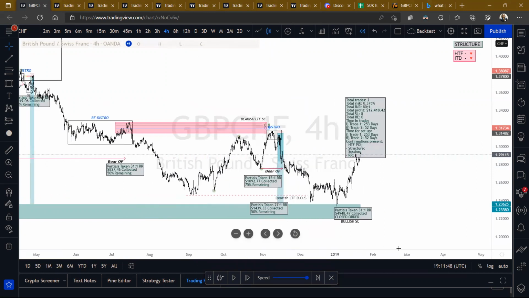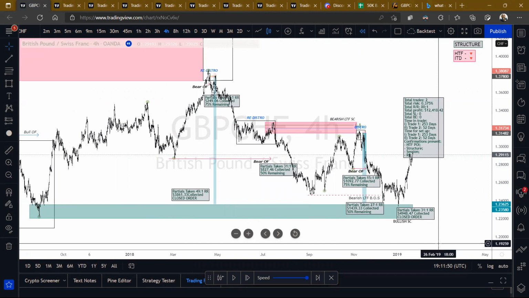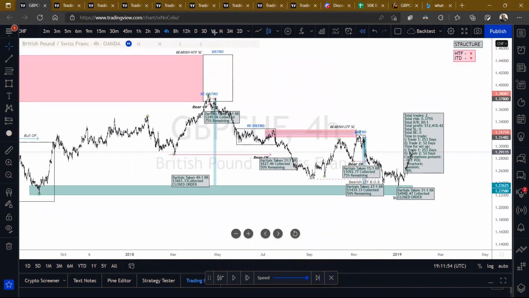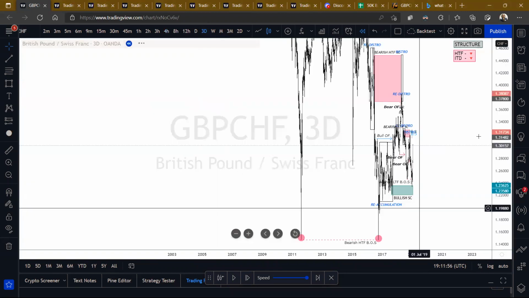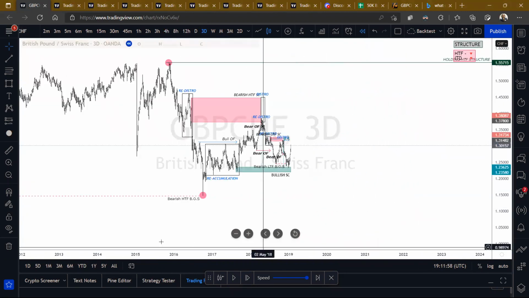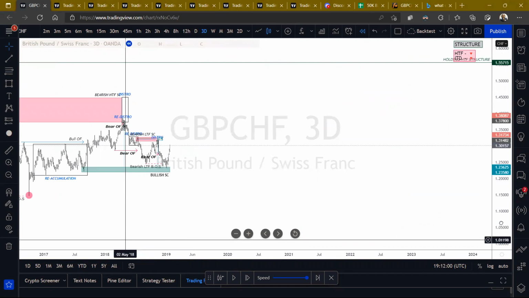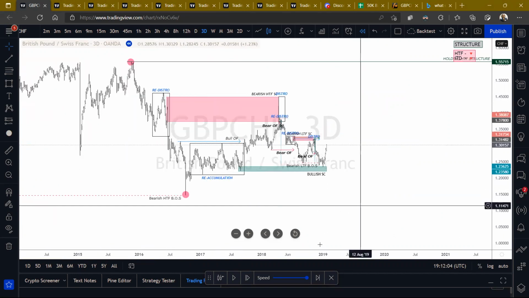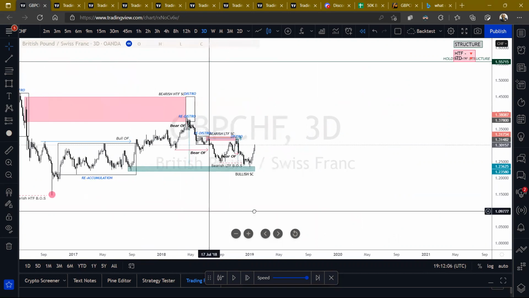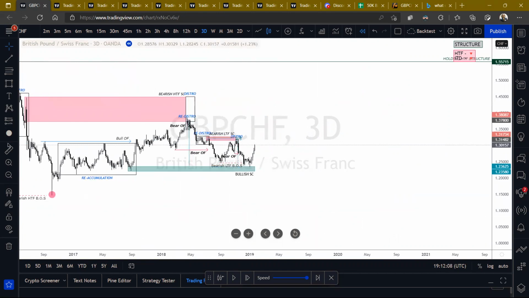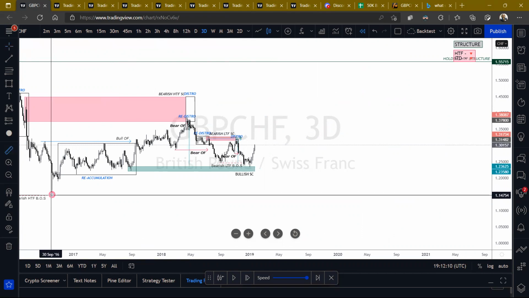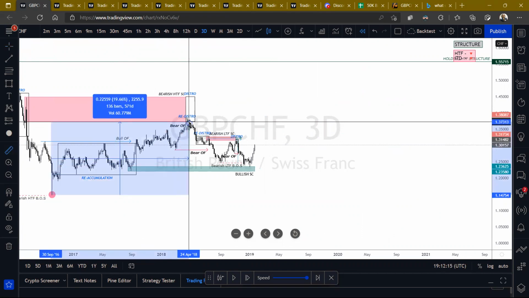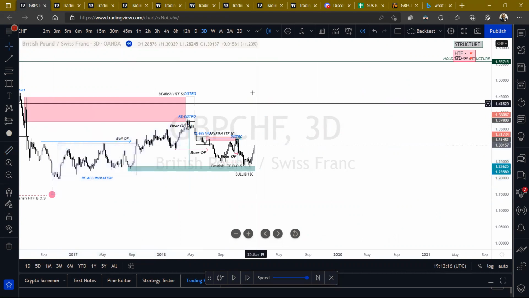Okay. Time for setup. So we looked at it from, oh yeah, we looked at it from when price punched in this new low. So this took 571.